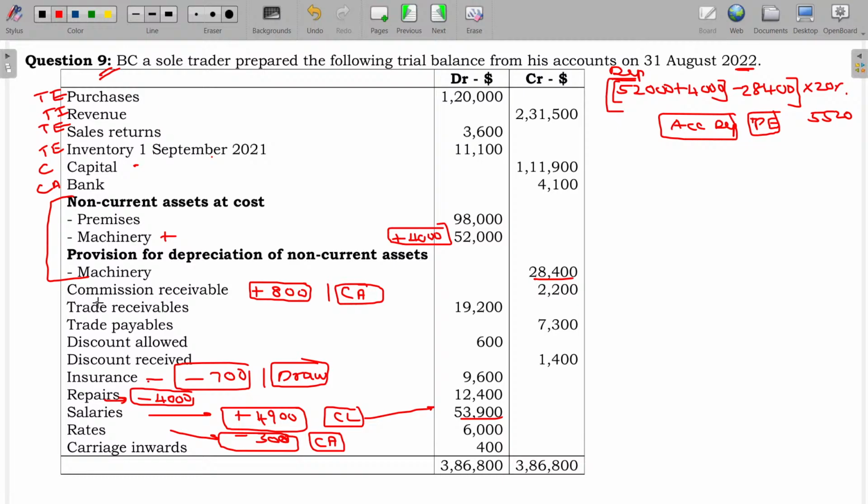And commission receivable is a P&L section income; trade receivable, current assets; trade payables, current liabilities; discount allowed, P&L section expenses; discount received, P&L section income; insurance, repairs, salaries, rates, all P&L section expenses; carriage in, part of the purchases, so trading section expenses.